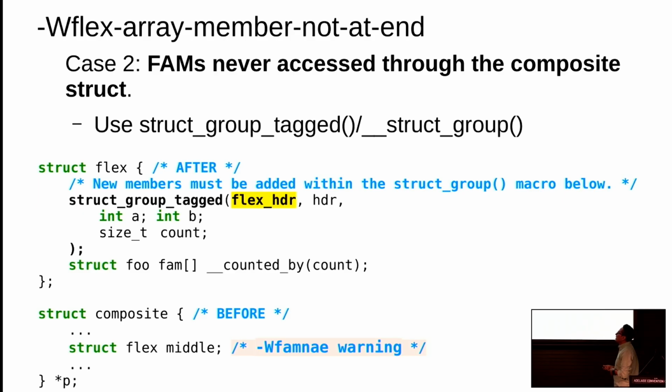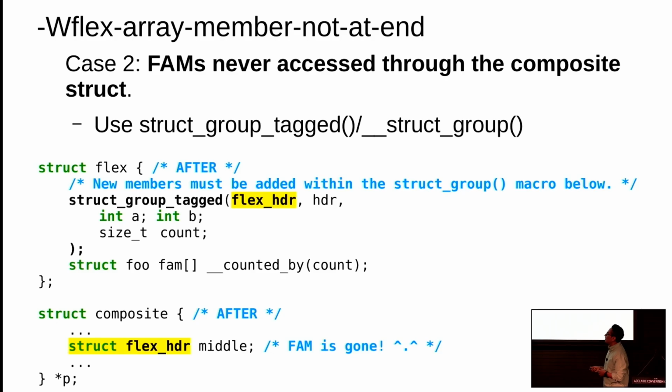Internally, what struct group tag does is that it creates a new struct type, and through that struct type, that is a new type. Now we can use that new type to replace the struct flex type.